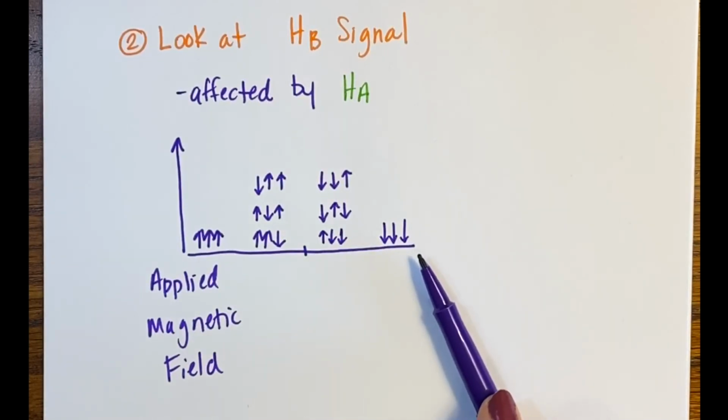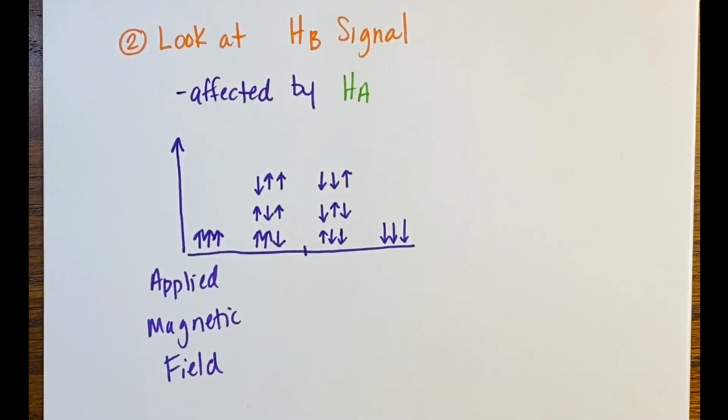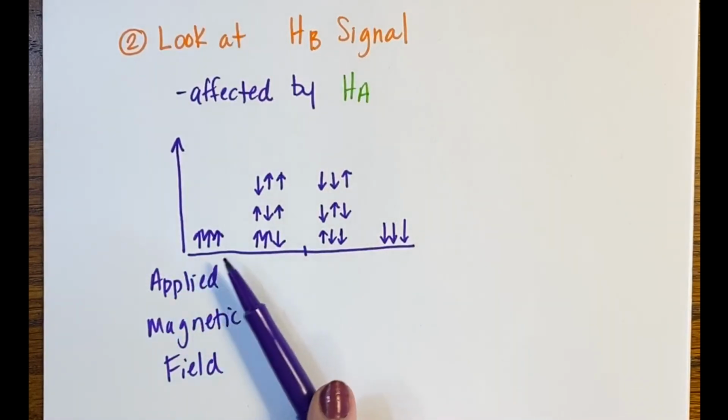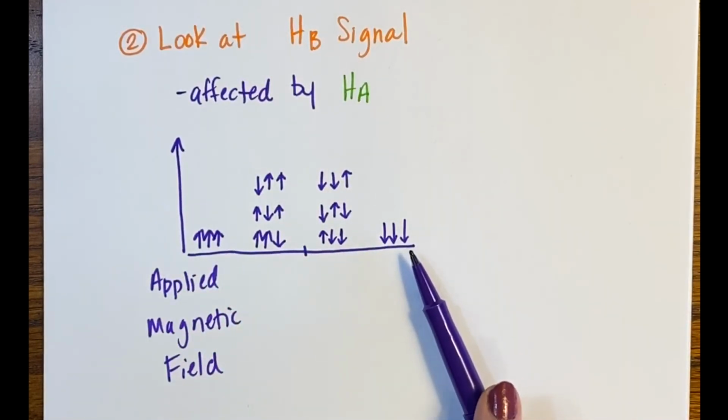So we have three that enhance, two that enhance and one that opposes, two that oppose and one that enhances, and three that oppose. When we look at these combinations, these are all of the ways that HA can impact the signal for HB by affecting the magnetic field that our protons HB will feel. So there's 4 ways that this can happen.